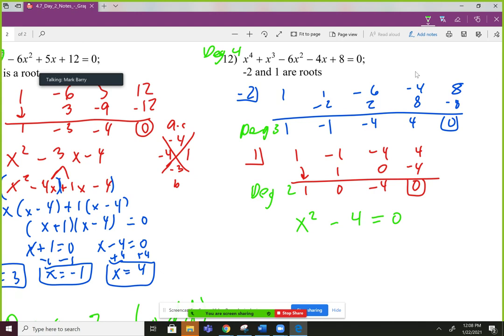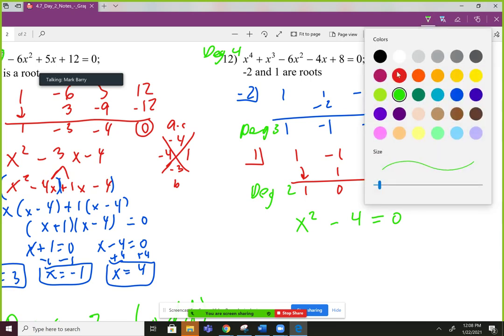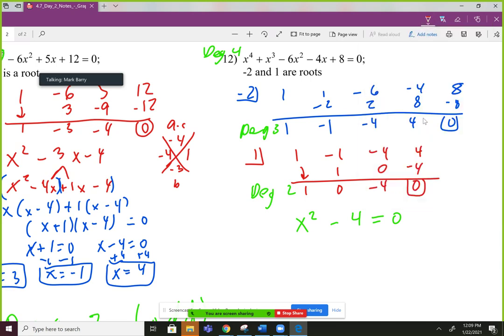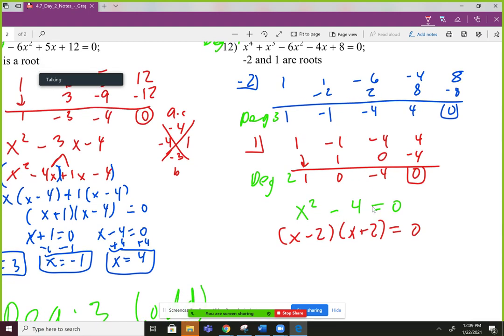We actually can factor that more. If you remember, this is our difference of perfect squares. Remember, we used to do this, like x minus 2, x plus 2, right? Remember that one? So if x minus 2 equals 0, that means x equals 2 if I add that over.